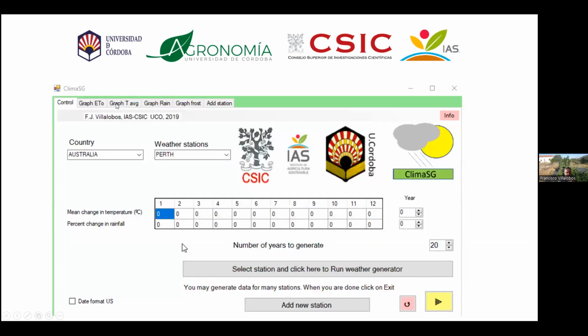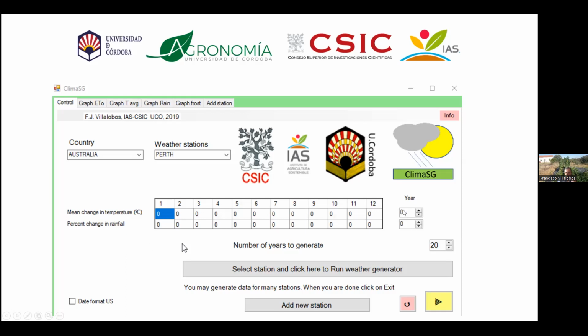The user opens it, selects a country, and it will show the different stations for that country, selects one station, and then the user may perturb the series by adding temperature or changing the rainfall in a percent.